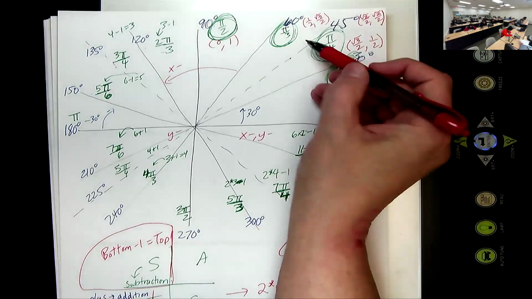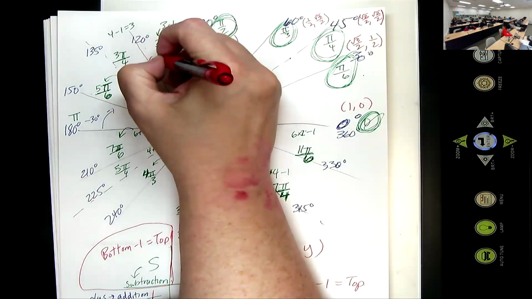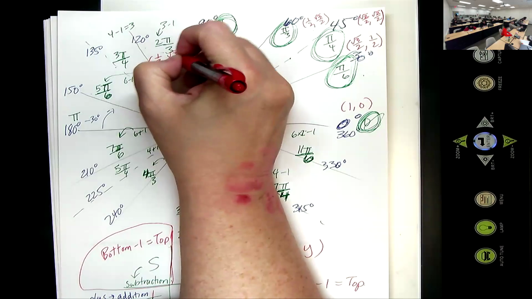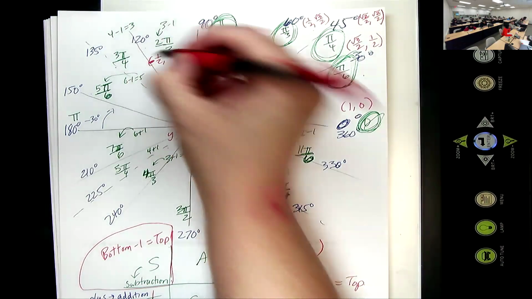So if I reflect this one over, I've got 1/2 and square root of 3/2 right here. And x is negative here, so I'm gonna slap on a negative sign for the x.